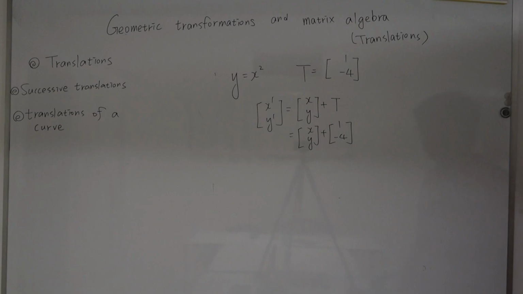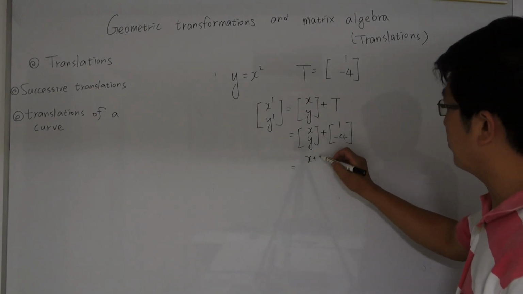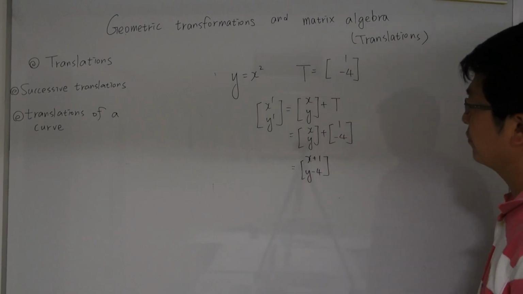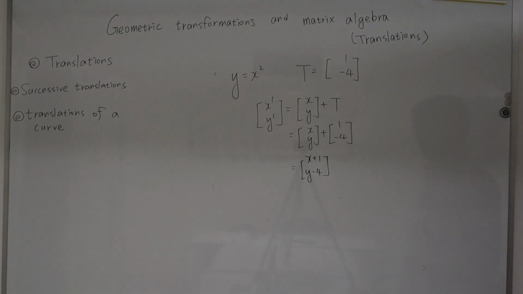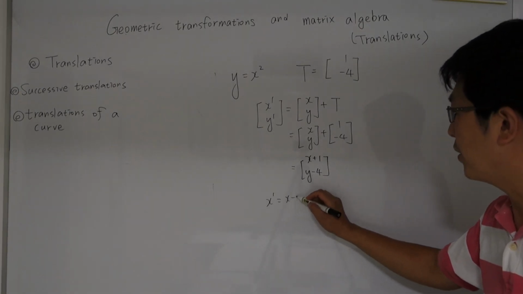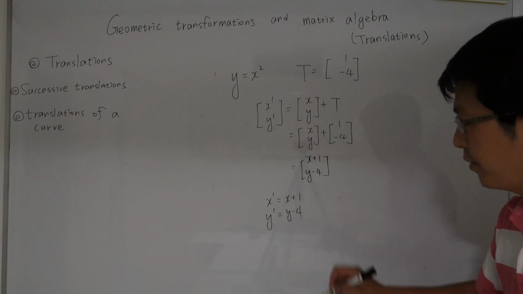And therefore you get x plus 1 and y minus 4. So we can get x' equals x plus 1, and y' equals y minus 4, right?